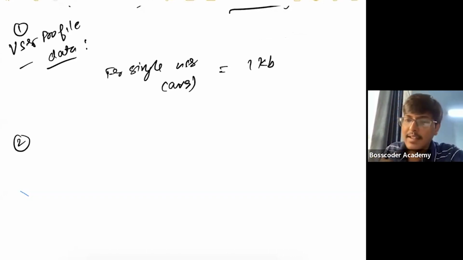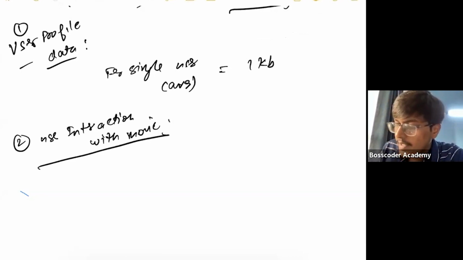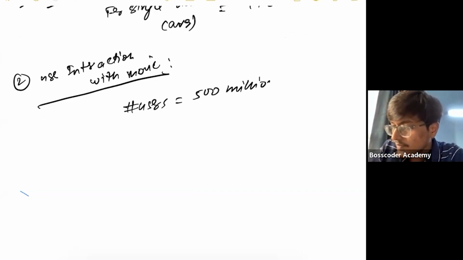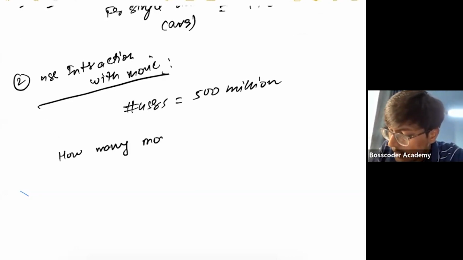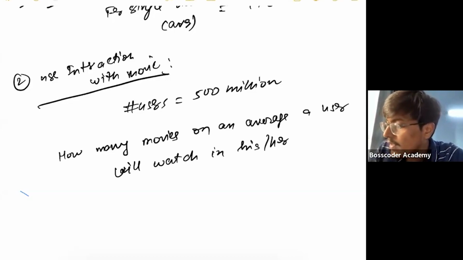Now let's do the second calculation, the user interaction with movie data. So number of users, we know that there are 500 million users. Now tell me how many movies on an average a user will watch in his or her lifetime.